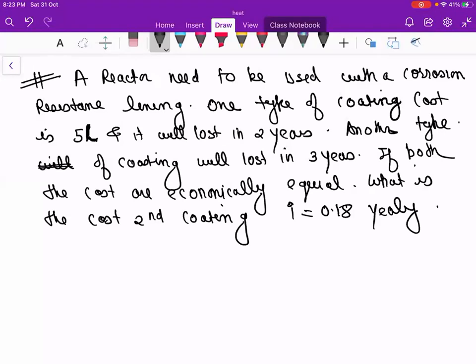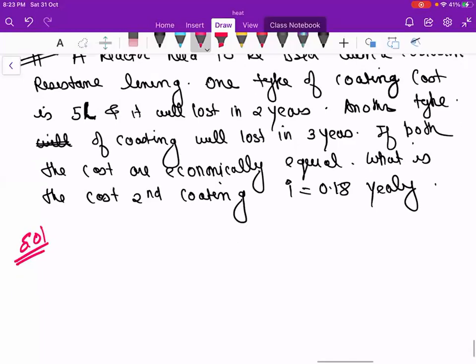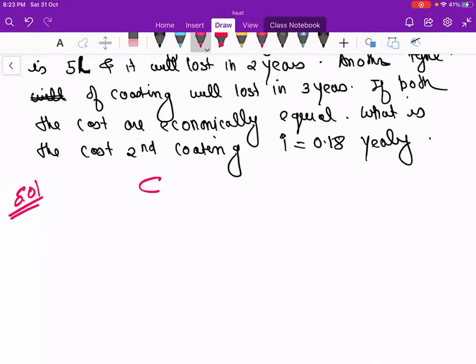Okay, we will solve. So how do we solve? What is given in the question? It is clearly mentioned that the economics is the same. It means CC1 equals to CC2. The cost is 5 plus the coating, because the coating is destroyed, so every time you will need 5 lakh.